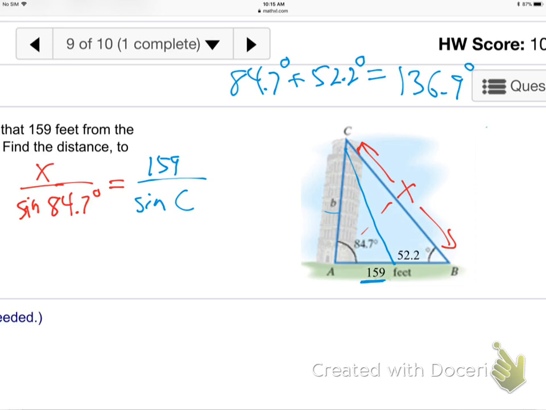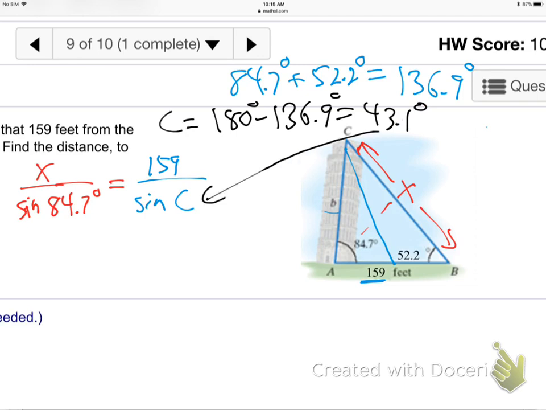And then subtract from 180. 180 minus 136.9. And what is it, 42.1? 43.1? I'm getting 43.1. So we got that. Stick that in. That's C.